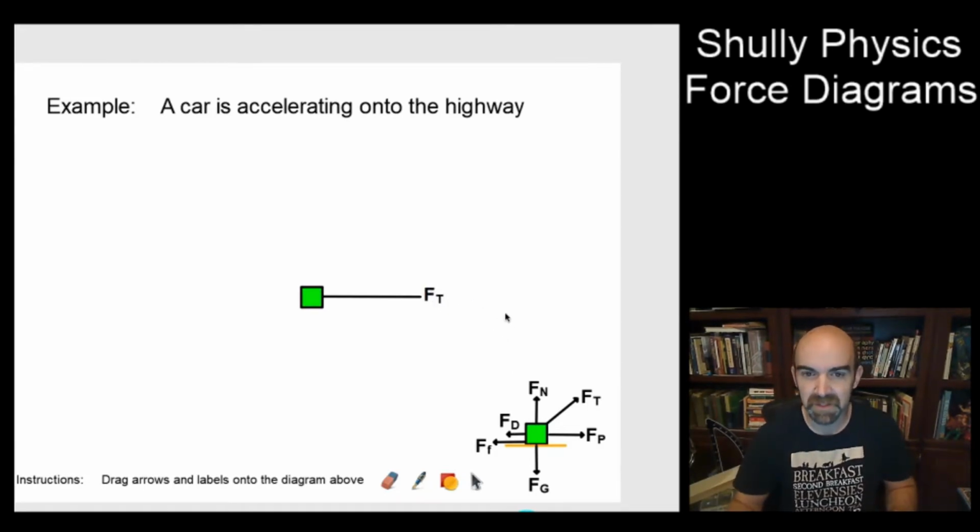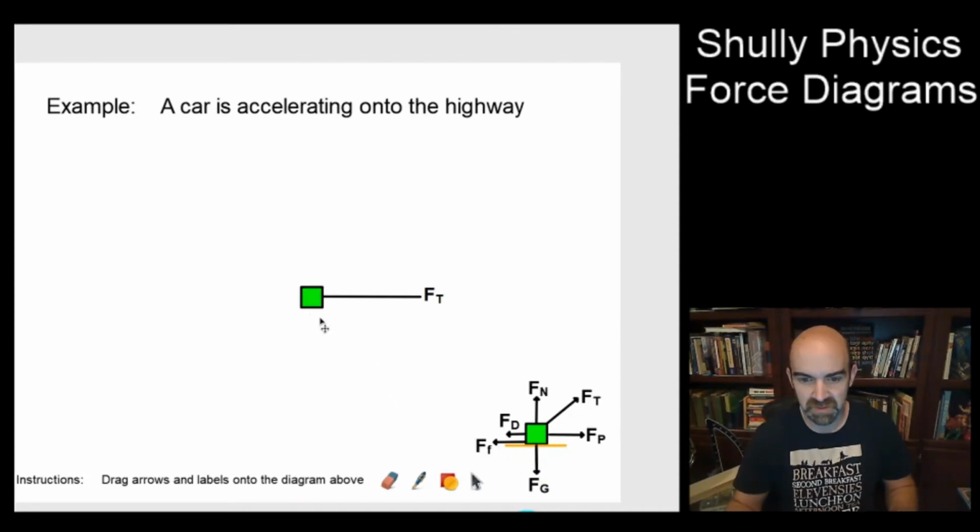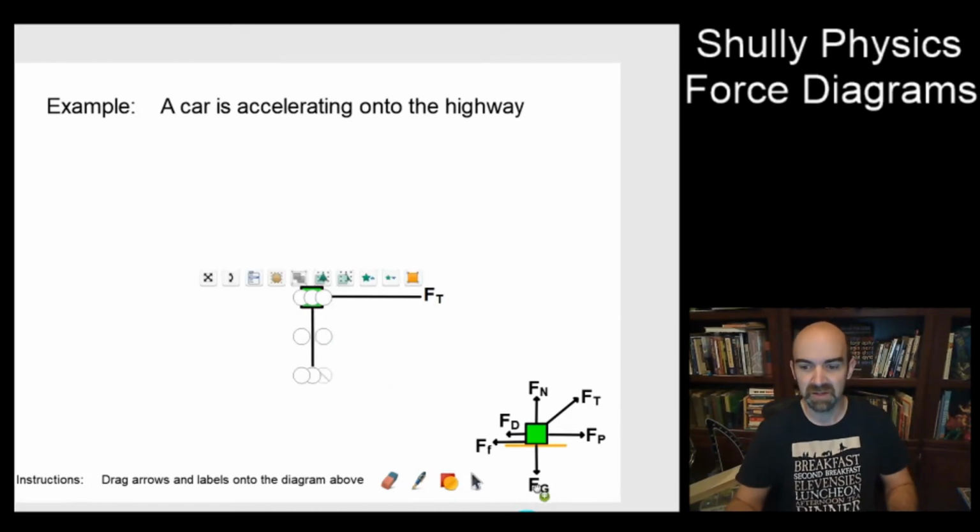Now, it doesn't say this car is on a slope, and if it was specific about that, we'd include a slope, but since it doesn't mention one, we're going to assume this is on nice, flat, level, horizontal ground. So what other forces might be acting on it? I'm going to try some gravity here, with this downward arrow. Cars are kind of heavy, so I'll give it a decent amount of weight, and that's FG, force due to gravity.